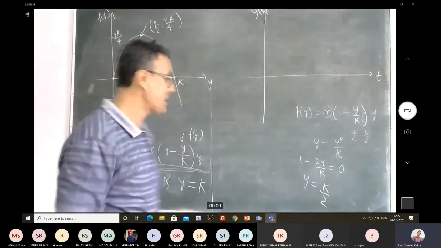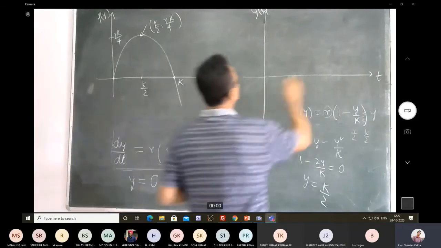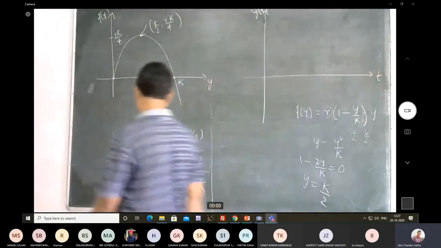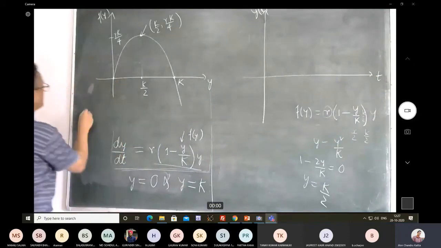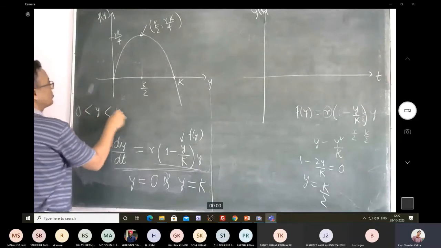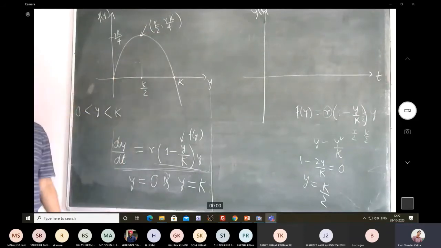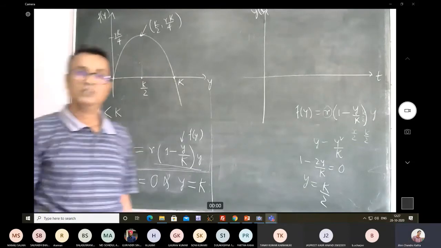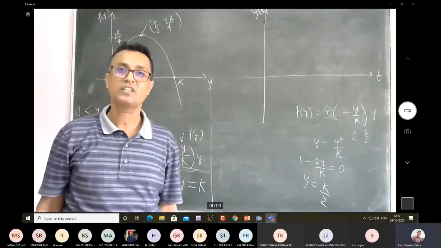Now, if I want to draw the graph of t versus y, you know that for y lying in this interval, f(y) is greater than 0. Isn't it?